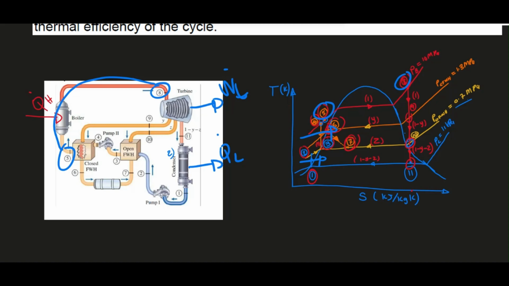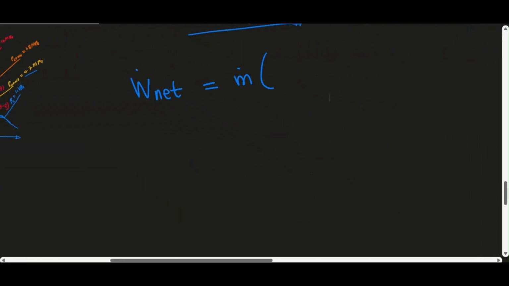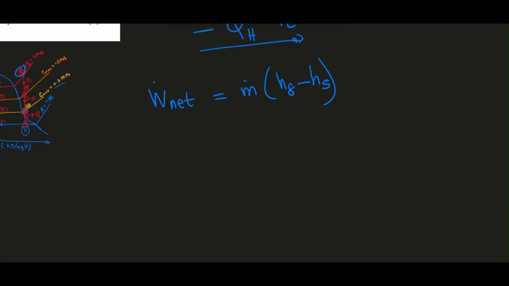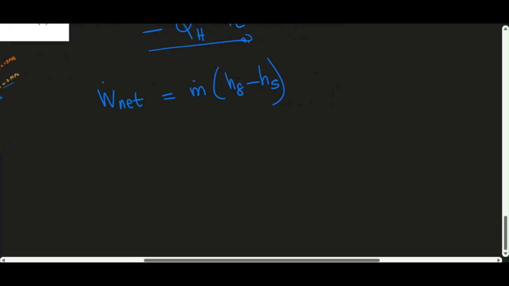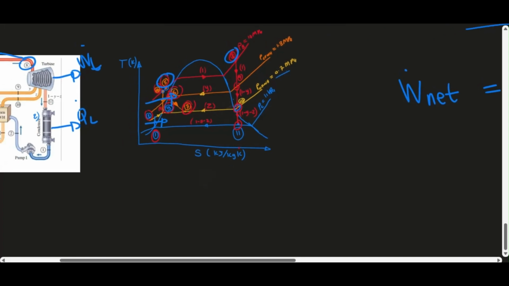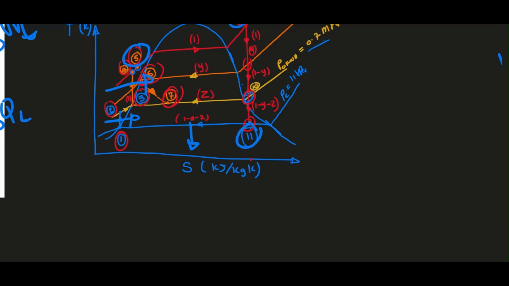That's the heat across the boiler. So that will be H8 minus H5, minus what are we losing? Well, the heat that is being lost is H11 minus H1.